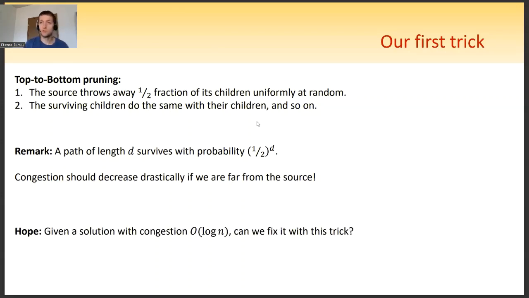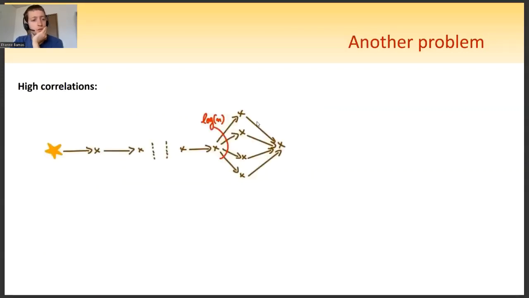Now there's a more concrete hope. Let's say you give me a solution with congestion log n. Can we fix it with this trick? Just using one round, just using this top-to-bottom pruning once, can we fix it? So the answer is no, there's still a significant issue. Imagine in my integral solution, I have the following structure. This vertex has congestion log n, but these log n paths all share the same path for a very long time, and then they just split 2 steps away from the vertex.